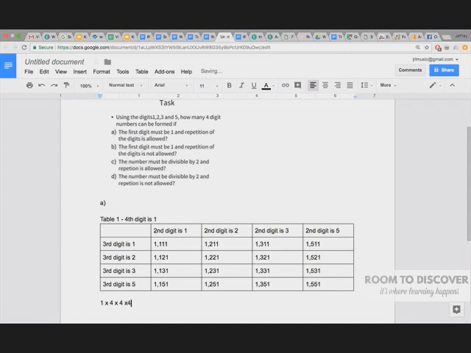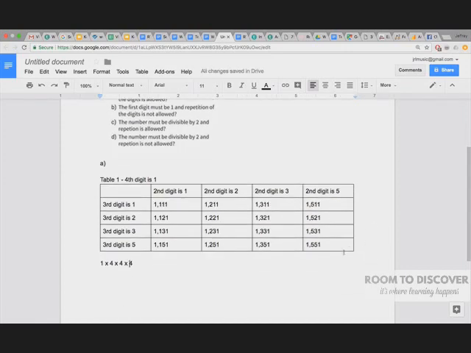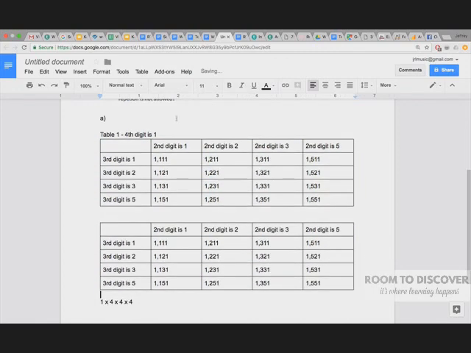Now to do a fourth digit, since I can't actually make it in 3 dimensions, all I would need to do is copy this table, right? If I make a copy of this table and put it underneath, for table 2, the fourth digit is always 2, and then I would just go through all of these and change it so that the fourth digit is 2.